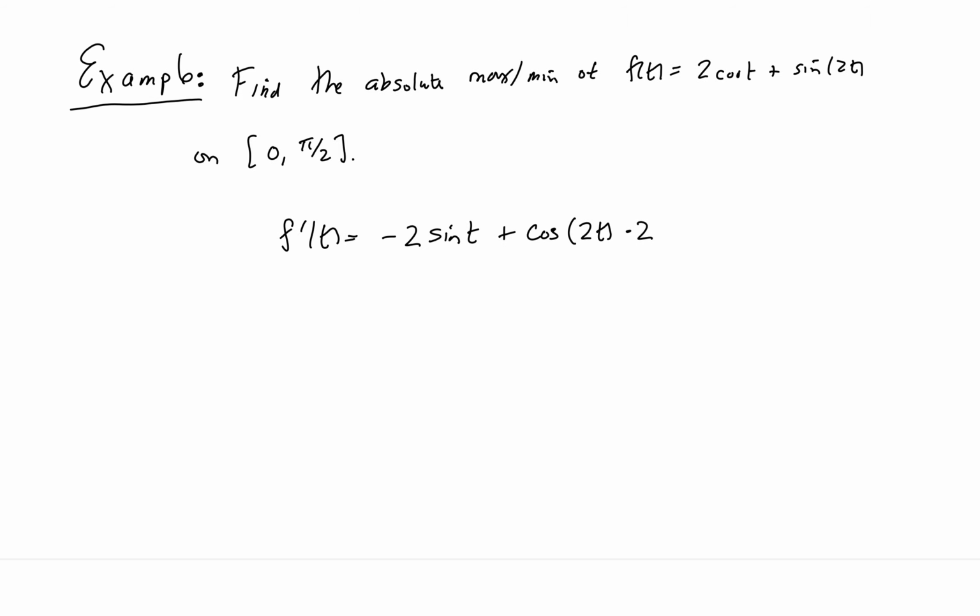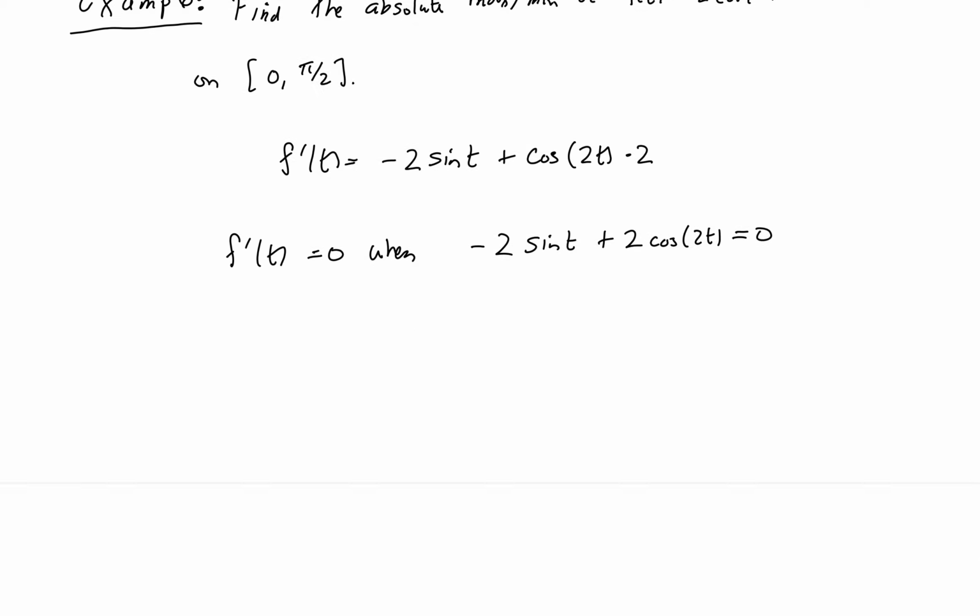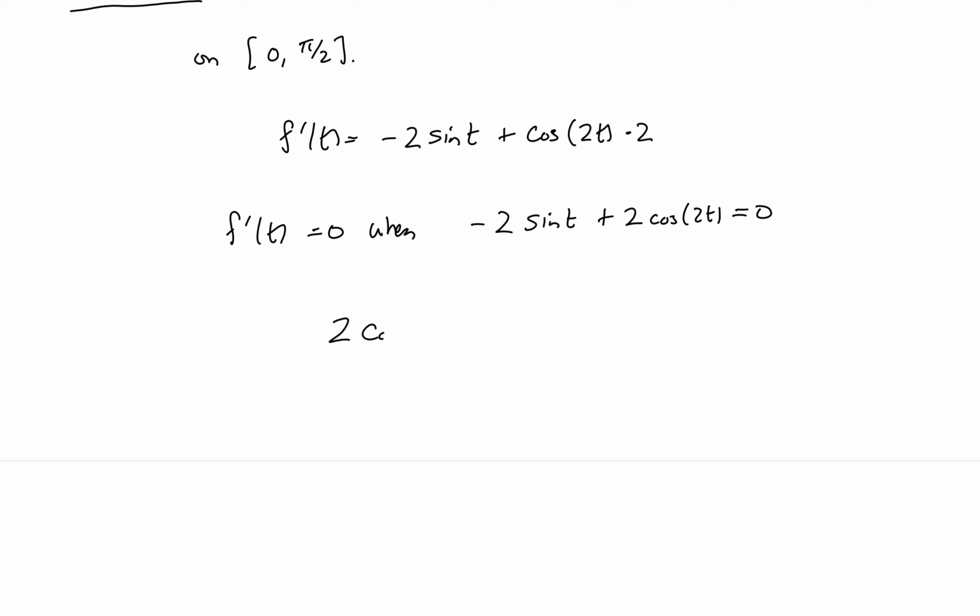And so now we can see f prime of t is equal to 0 when minus 2 sine t plus 2 cosine of 2t is equal to 0, which is the same as when 2 cosine of 2t is equal to 2 sine of t.